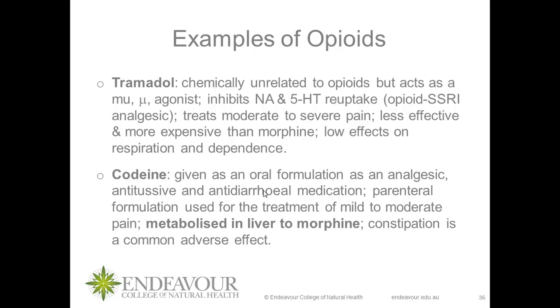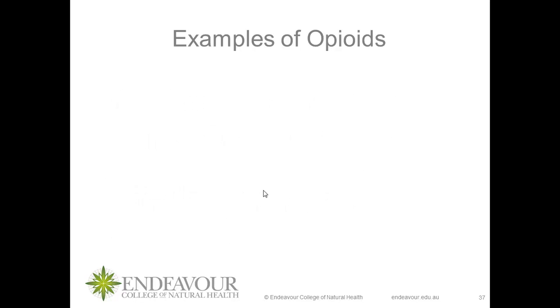By whatever route it is taken, the codeine is metabolized in the liver to morphine. We'll see, not completely, that codeine itself has direct actions on the opioid receptor, but yes, some of it is metabolized to morphine, and it is the morphine that then also has another action at that same receptor. So because it is metabolized to morphine, constipation is a very common adverse effect of the use of codeine.